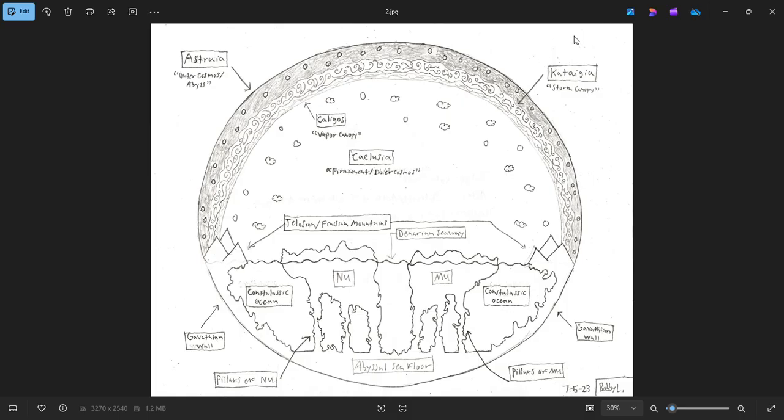And in today's video, we're going to go over the overall atmospheric layers and the cosmological layout of this world. We're going to review each layer of the atmosphere one by one and examine its properties and characteristics. So without further ado, let's explore the atmosphere now.